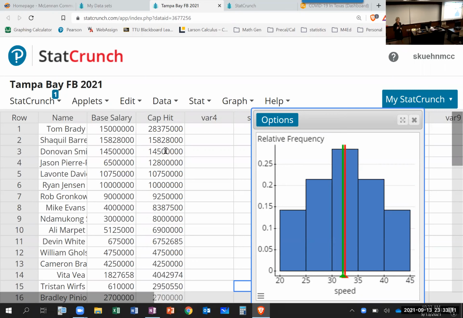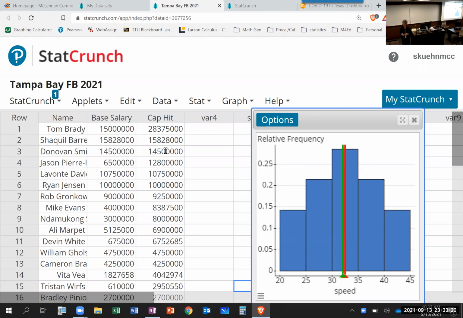So if I describe to you a normal distribution, you need to be able to tell me back the relationship between the mean and the median. If I gave you a skewed graph, you need to be able to tell me the relationship between the mean and the median. All right.